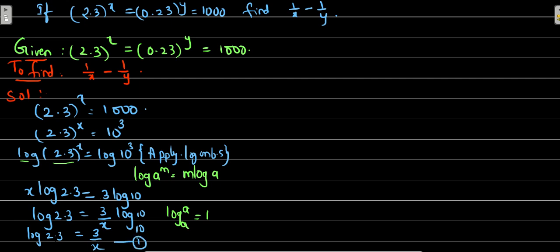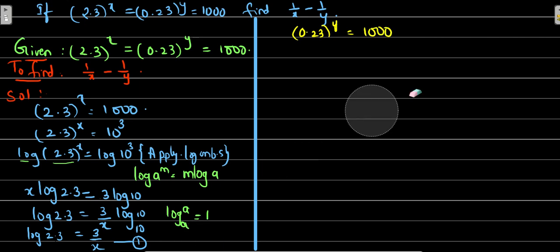Now coming to the next thing, the second thing what we have is, look at this. 0.23 whole to the power of y is equal to 1000. 1000 can be written again as 10 cube.